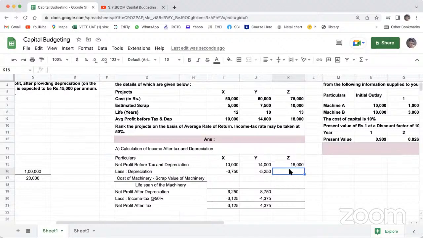It is 5,000. Is it 5,000? सबको उतना ही आया है? Shall I write down 5,000? Okay, good. So 18,000 minus 5,000 will be 13,000.